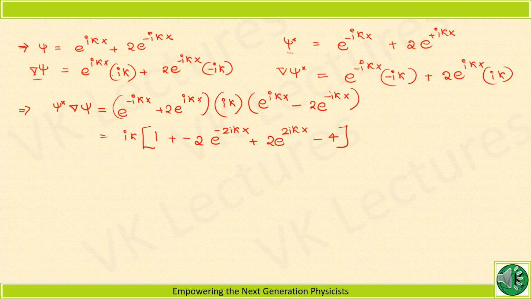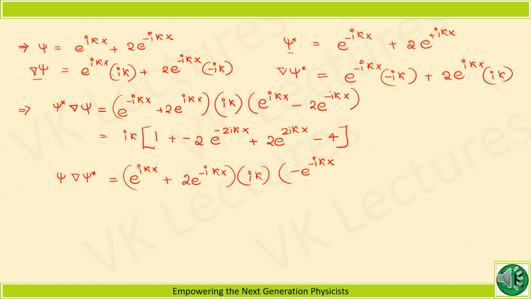Okay. Now we need psi del psi star. So e to the power ikx plus 2 e to the power minus ikx times del psi star, which is again ik into minus e to the power minus ikx plus 2 e to the power ikx.